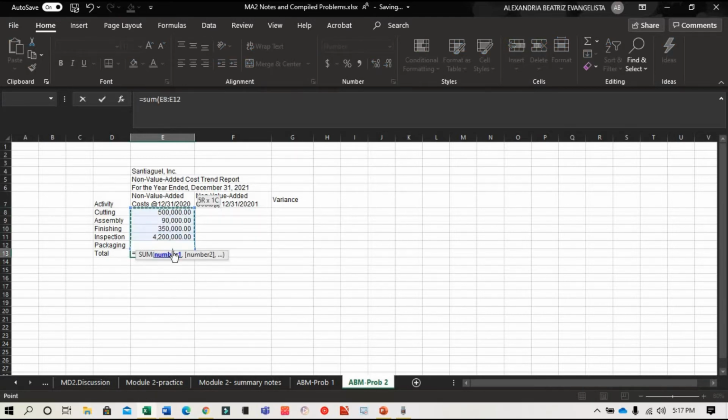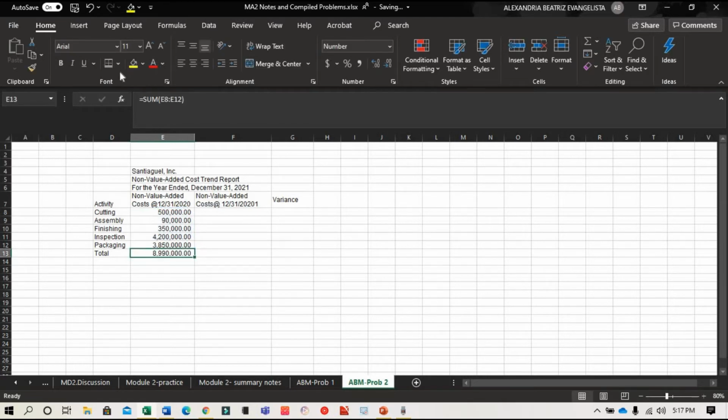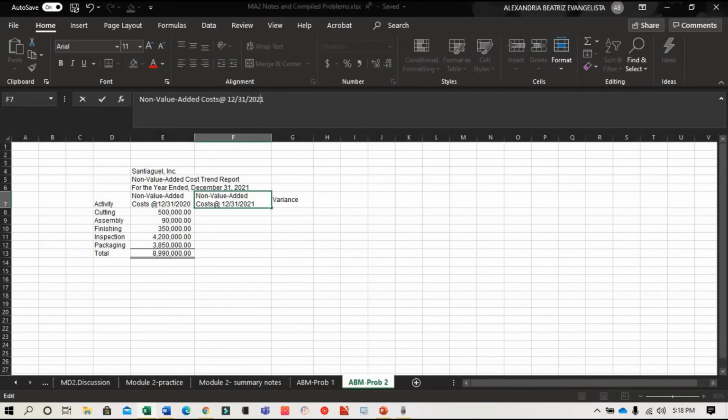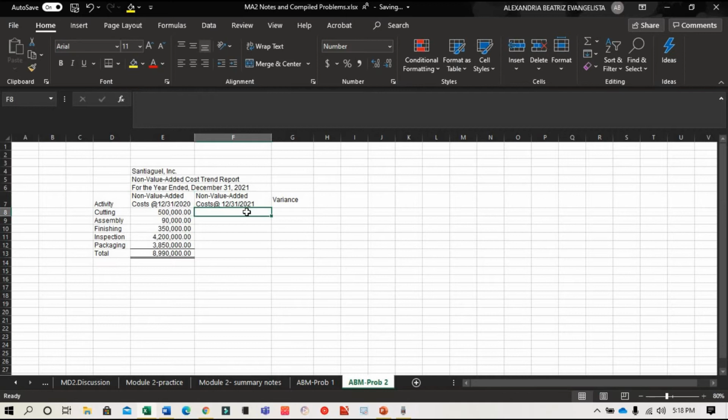Let's just total those numbers up. Okay, so for the non-value added cost for the year ended December 31, 2020, we could just simply use the formula for computing the non-value added, which is AQ minus SQ multiplied by SP.